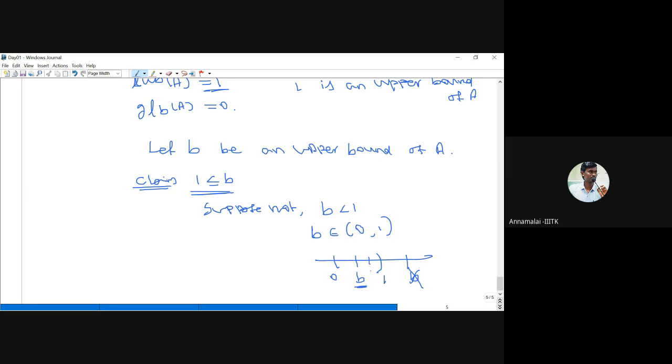Maybe we can call that number y, and y is nothing but (1 + b)/2. Now we have the relation b is less than y. This y is a member of A, which is a contradiction to b being an upper bound. Upper bound means every element of A is smaller than or equal to b, but we can find an element y which is bigger than b. Therefore b should not be inside the interval. Therefore b should be outside the interval, or sometimes b equal to 1.